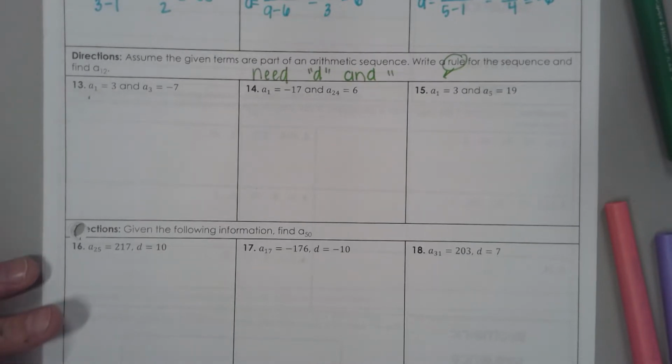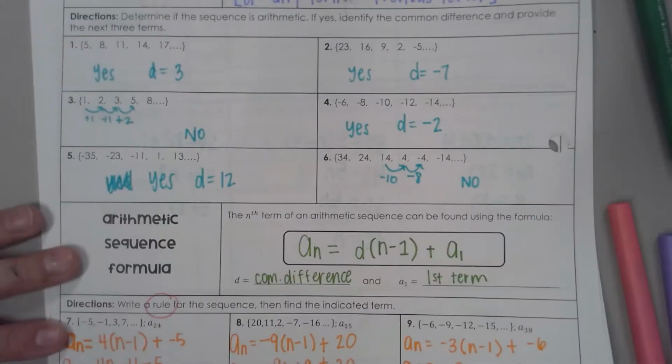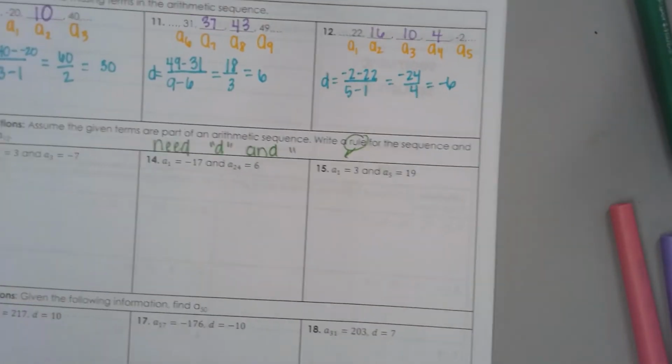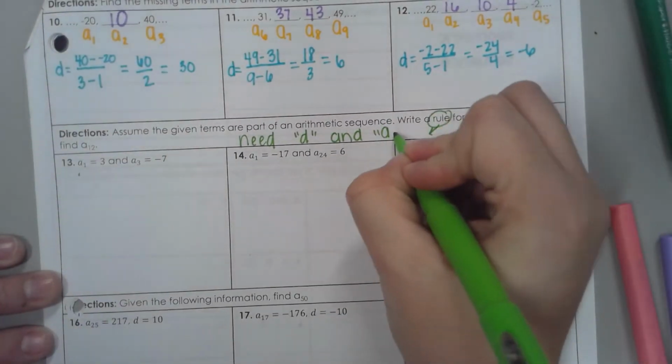What else does the original formula ask for? Common difference and which term? First term. The first term. We have to have those two in order to write a rule. So we need common difference and our first term.